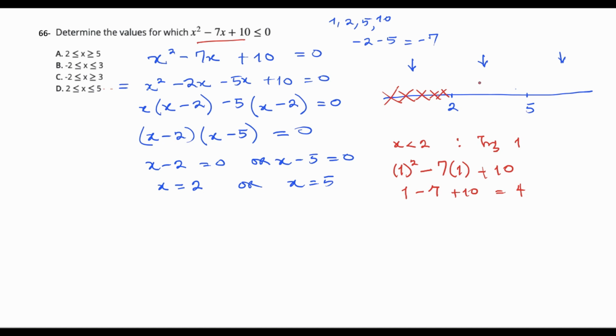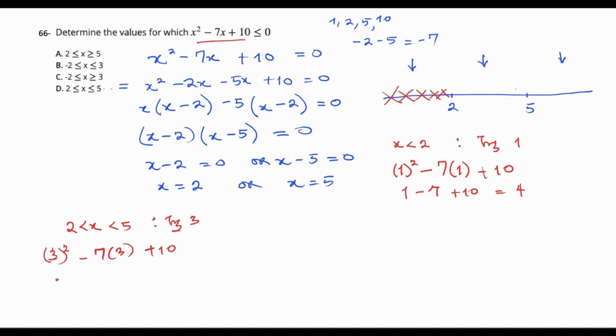Now we try the second region, which is when x is between 2 and 5. So that means that 2 is less than x, and x is less than 5. So let's try 3. Now 3 is between 2 and 5. So our equation becomes 3 squared minus 7 multiplied by 3 plus 10.